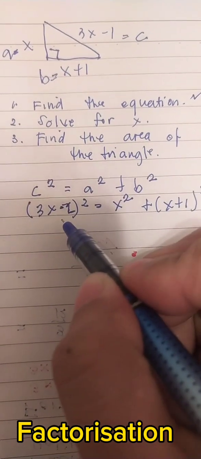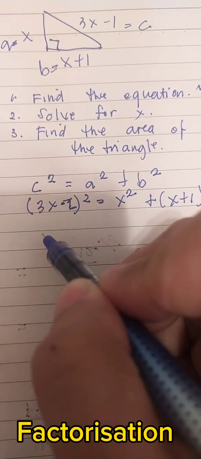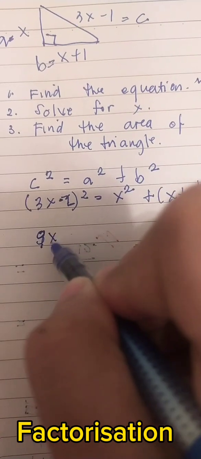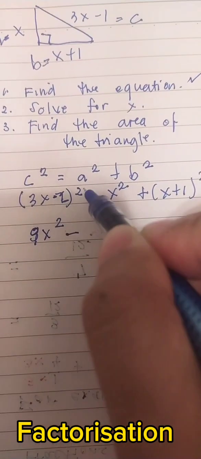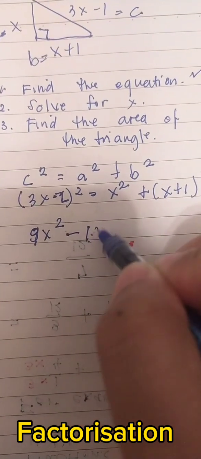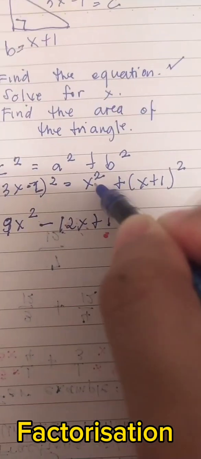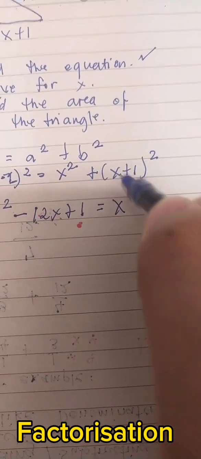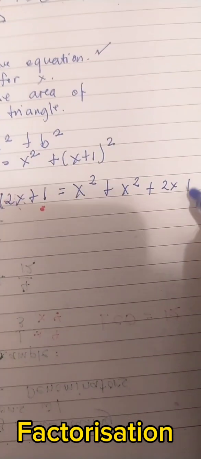Isi-simplify lang natin. So, ang magiging resulta nito is 9x squared minus 12x plus 1 is equal to x squared plus, simplify, x squared plus 2x plus 1.